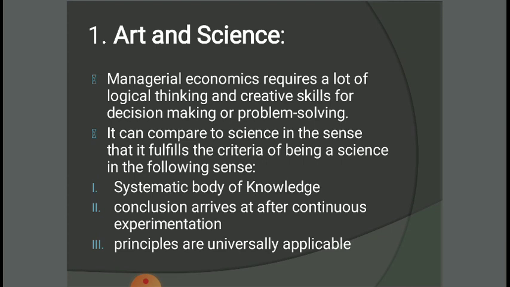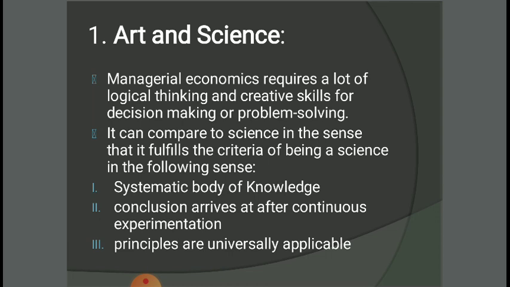The second aspect of this nature is that managerial economics is science. To term any discipline as a science, we need to compare it with 3 features of science. Those 3 features are written here. First one, science is a systematic body of knowledge. Managerial economics is also a systematic body of knowledge. And what kind of knowledge does ME serve?